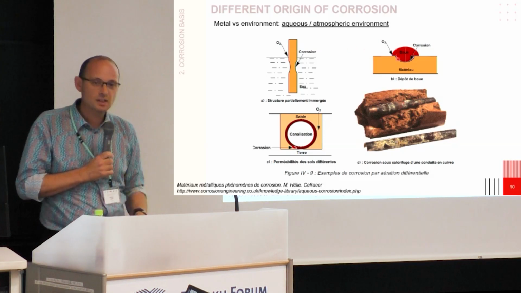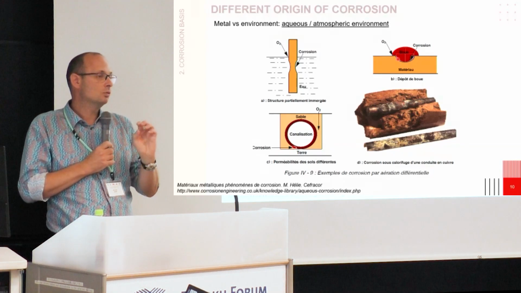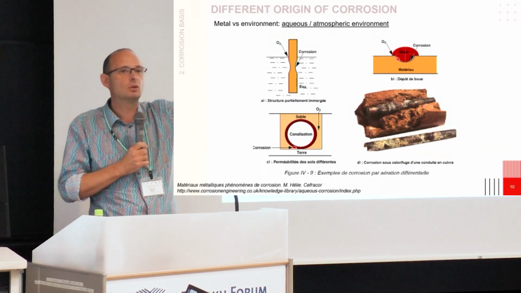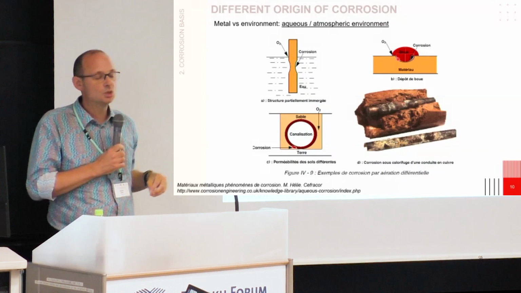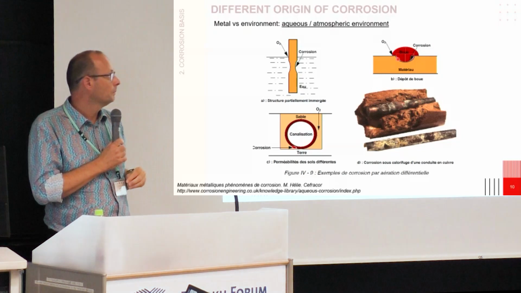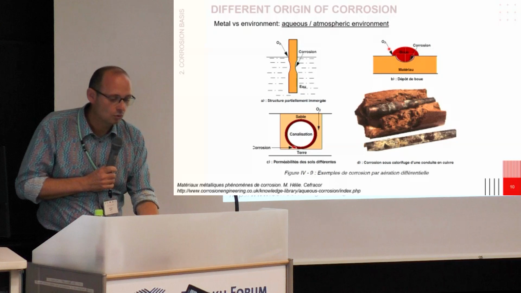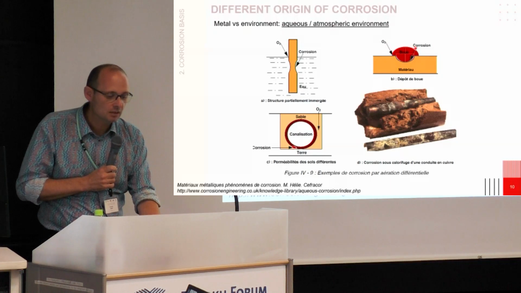It is exactly the same if we look at atmospheric corrosion. In atmospheric corrosion, these are droplets of water that are more or less homogeneously distributed on the surface of your material. In this case, you have an interface between the droplet and the air. Oxygen is mostly concentrated here.